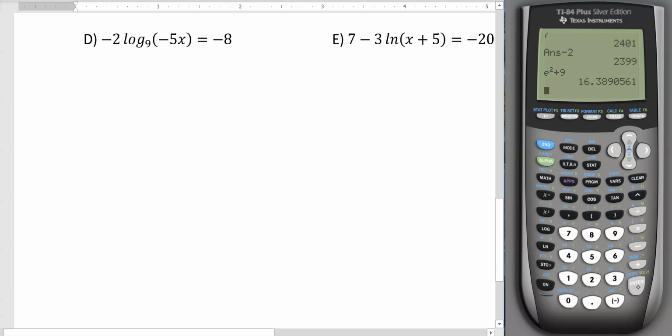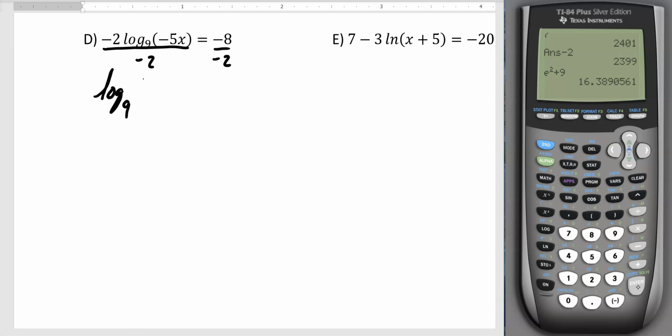Let's look at letter D. I'm going to start by dividing by negative 2. When I do that, I have log base 9 of negative 5x equals 4. So this would be 9 to the 4th equals negative 5x. I would need to divide by negative 5. I do not know what 9 to the 4th is, so let's figure that out. It's going to be a large number.